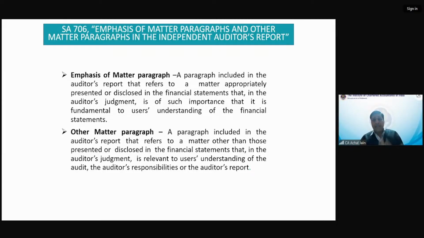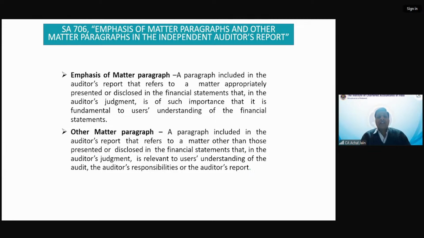And it's not only about the auditor, it's also about the management and the company. Every effort has been made by the auditor as well as the company in respect of that particular matter to understand the likely outcome, the likely impact of that matter on the financial statements of the company.